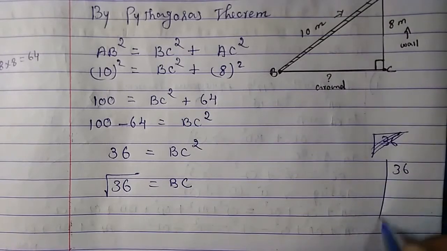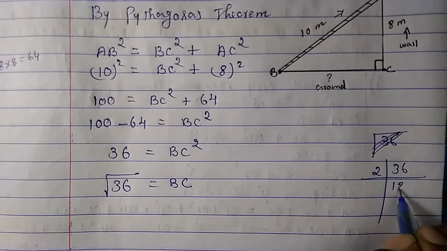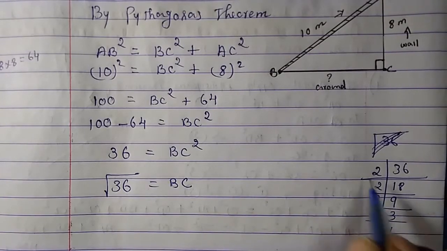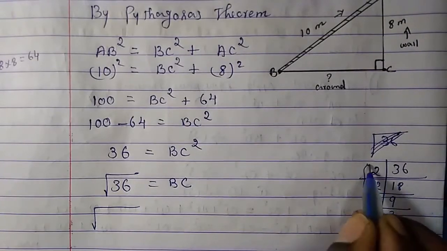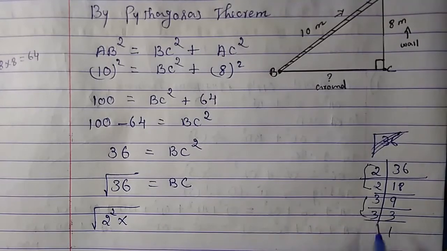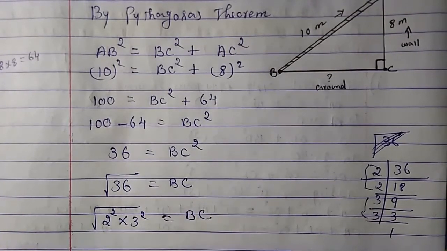Okay, 36 you can factorize with 2, 2 times 18, then 3 3s are 9. Okay, so what we will get? 2 times 2 times 3 equal to BC.